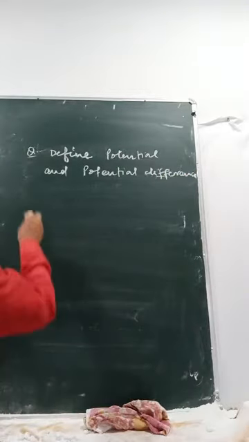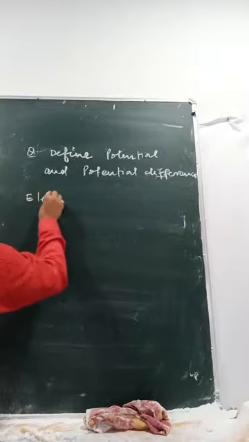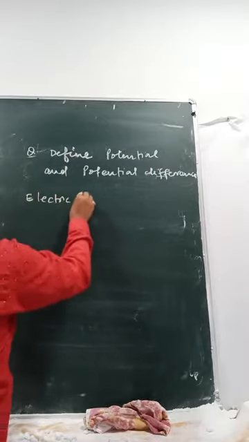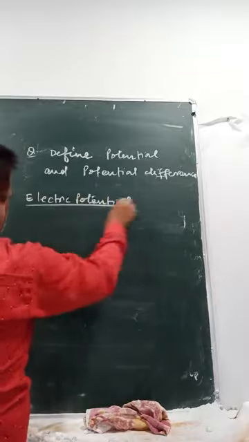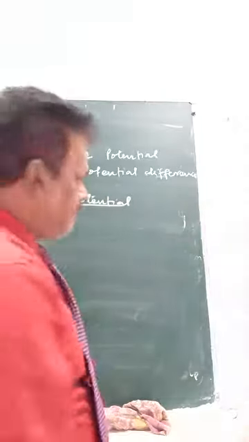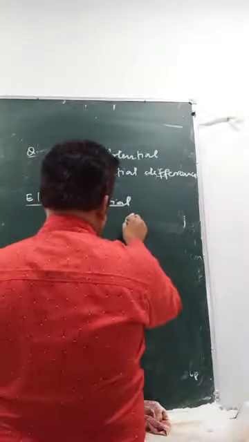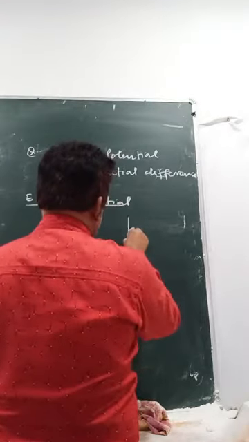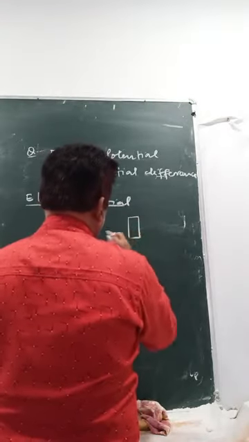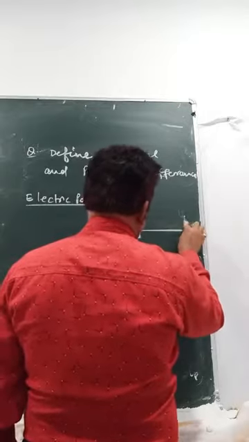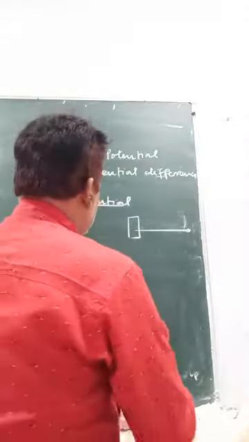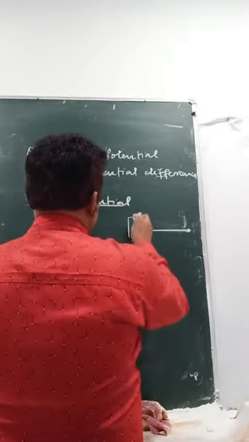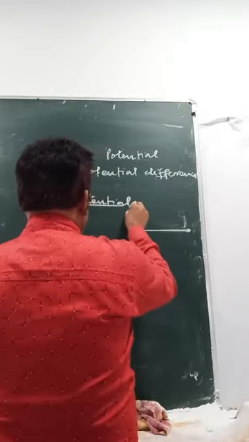Okay. Electric potential. Potential means electric potential. Suppose there is an object here which you are charging. Any object, suppose you are giving a charge. How are you giving a charge? Suppose I have connected this to a cell.